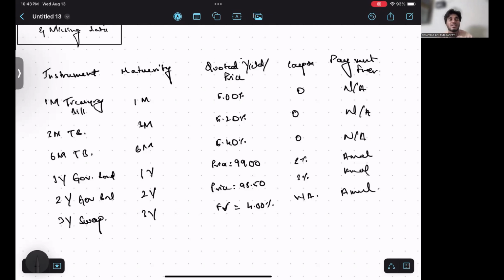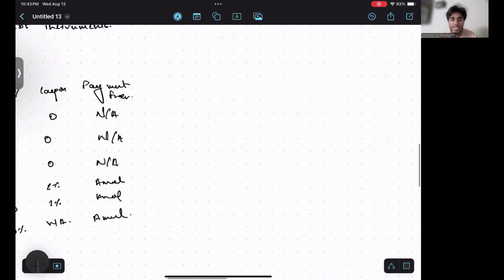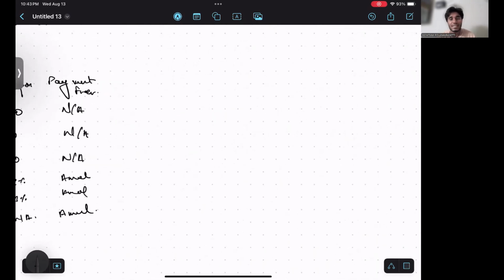Assuming this is our instrument pick, let us try to build an interest rate curve. We already know the zero rates or the yields for the 1 month treasury bill, 3 month treasury bill, and 6 month treasury bill.